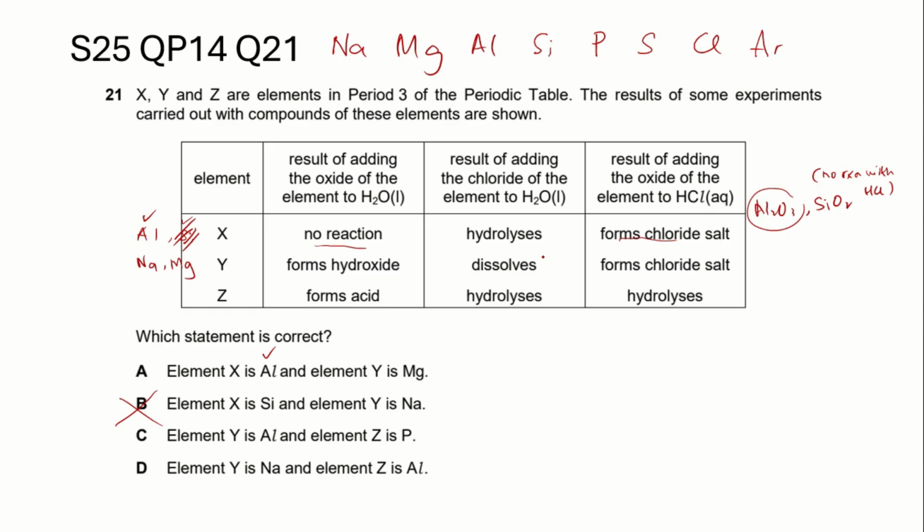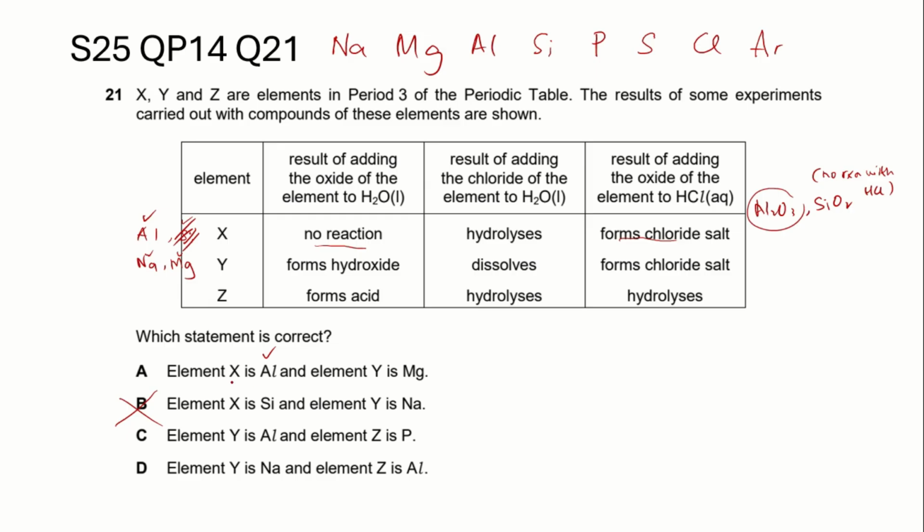Sodium chloride will dissolve in water, magnesium chloride will also dissolve in water. The third result, oxide of this element added to HCl. Both oxides are also basic and they are able to react with HCl to form chloride salt. So for Y, it could be sodium or magnesium.